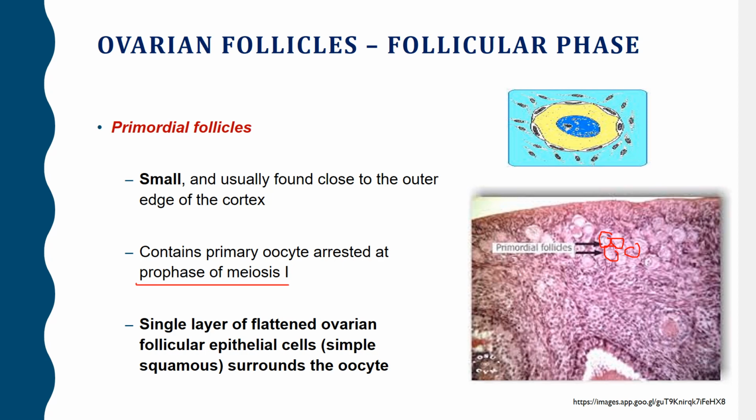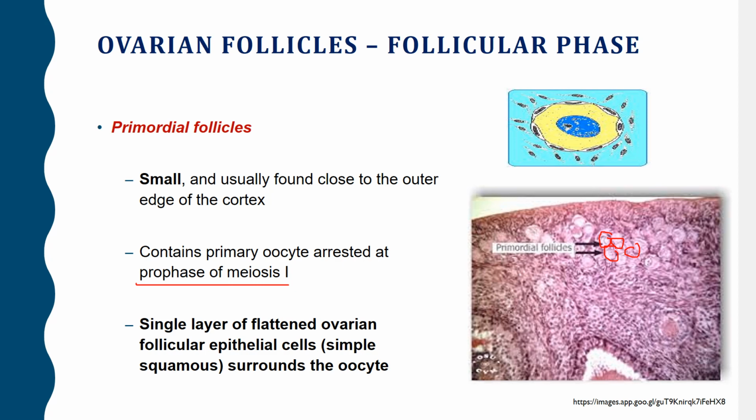This goes back to early embryonic development, where the process of oogenesis was taking place when the embryo was forming. The meiotic division stops at this phase, and upon sexual maturity, the primary oocyte will then continue its meiotic division. At this stage, it is still at the prophase of meiosis 1.